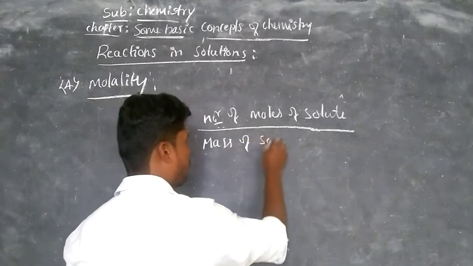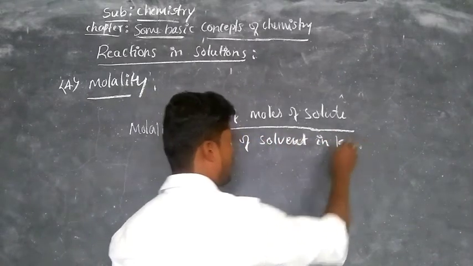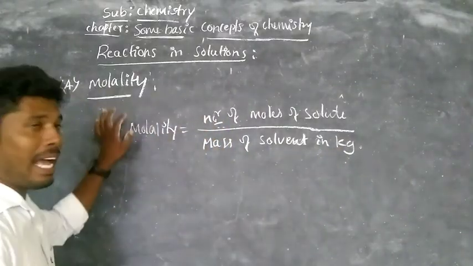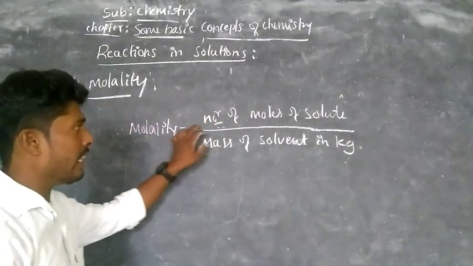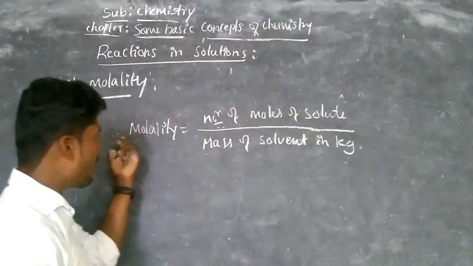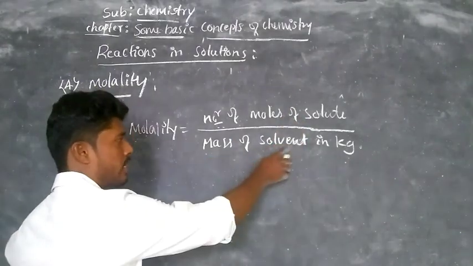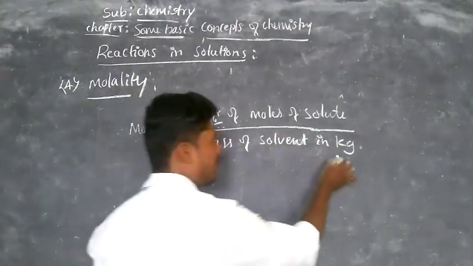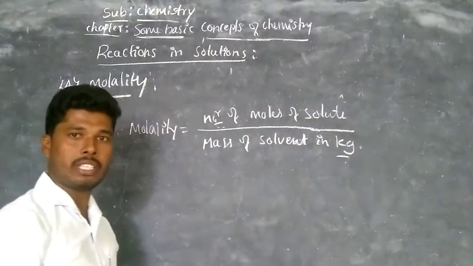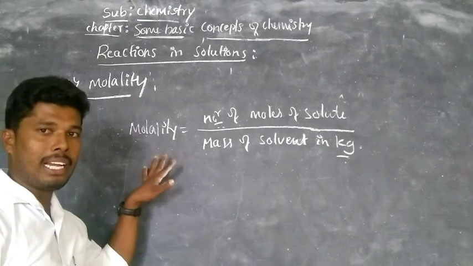Observe, in the case of molarity, we take the number of moles of solute divided by the volume of the solution in liters. In the case of molality, it is the number of moles of solute divided by the mass of the solvent in kg. This is the only difference between molarity and molality.